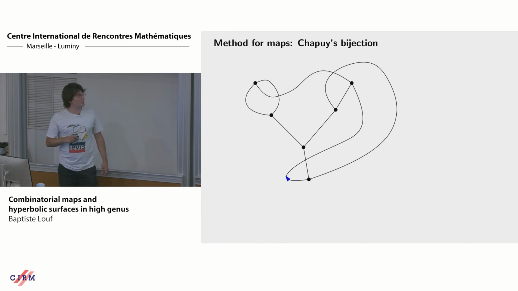Anyways, let's get back to the math. I start from my little root here, and I'm going to go with my right hand on the wall, and when I hit a corner, I give it a label, numbering the corners as I go. So this is corner number 1, and then I continue.